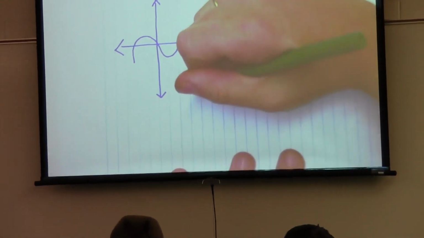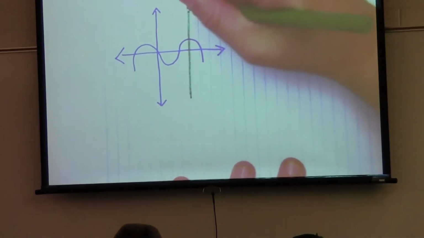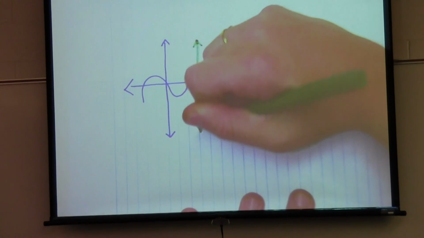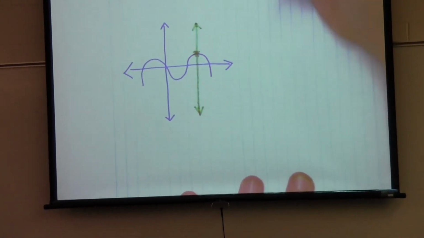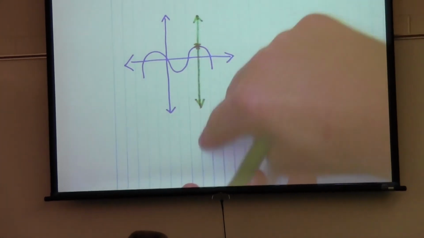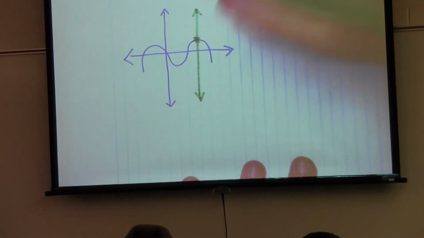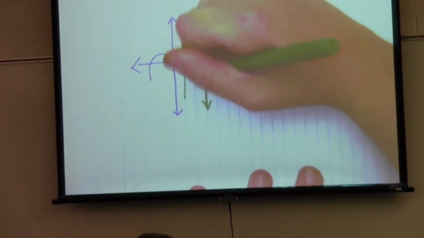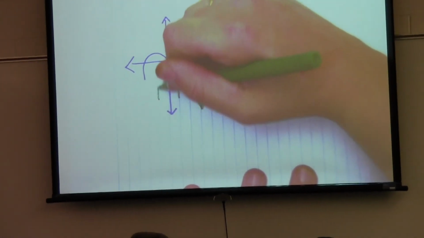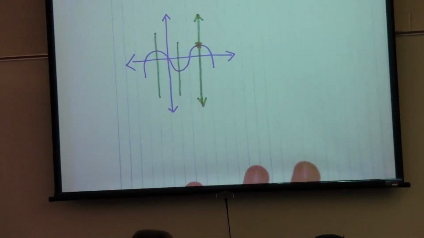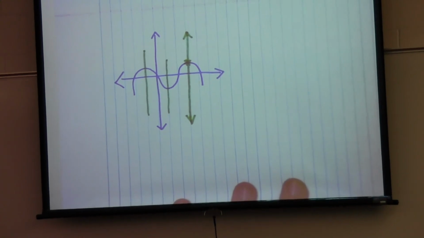So if my vertical line was here, it only crosses it right here. There's no other spot where this graphed line crosses the vertical line. I could draw a vertical line at any spot, and it only crosses one time.